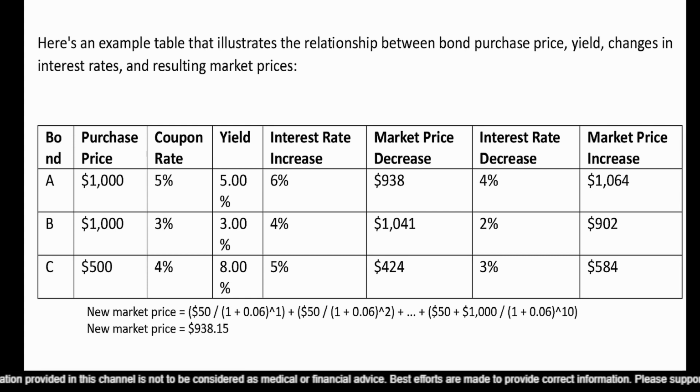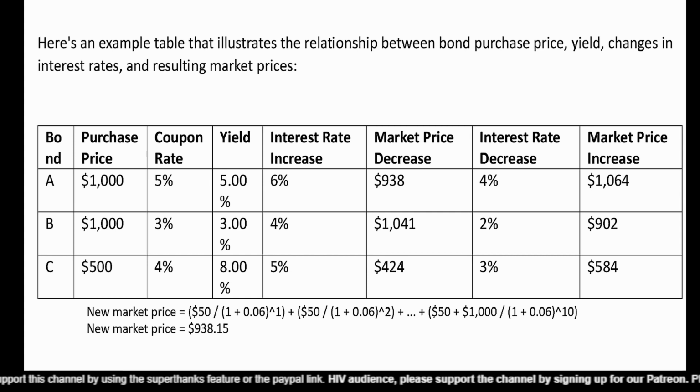Market price equals coupon payment by (1 plus yield) raised to 1, plus coupon payment by (1 plus yield) raised to 2, and so on for the number of years that the bond is going to be valid, that it's going to take before it matures.